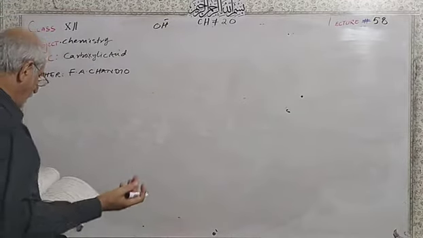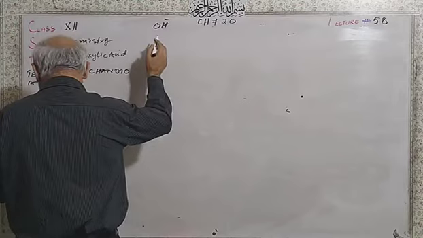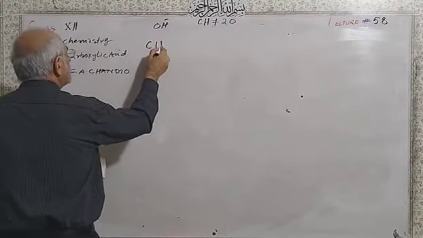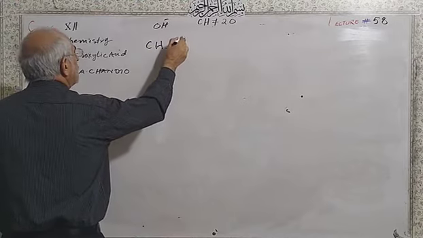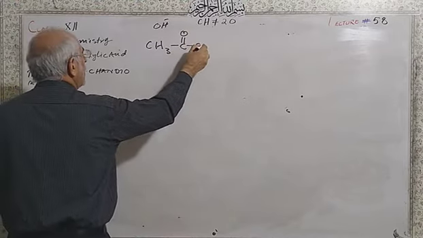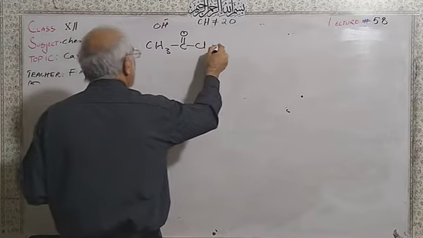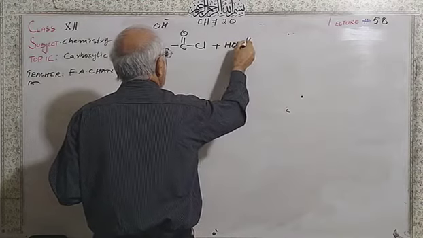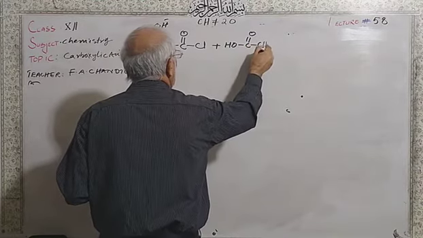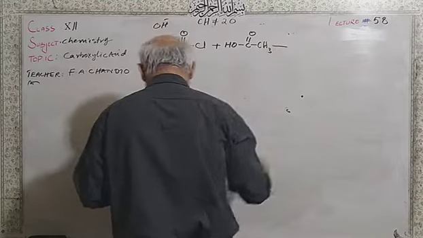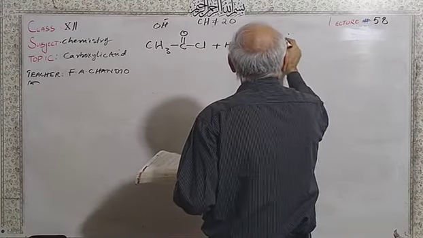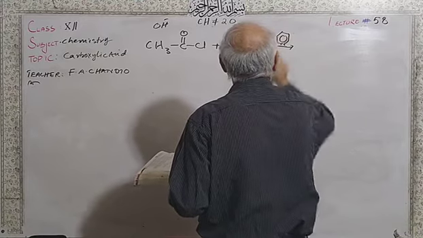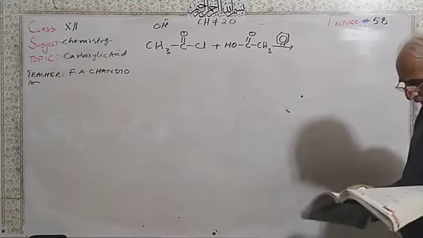I will revise this twice, no need for this now. This is the acid chloride we already prepared in the previous reaction, reacting with the carboxylic acid, followed by the solvent pyridine.